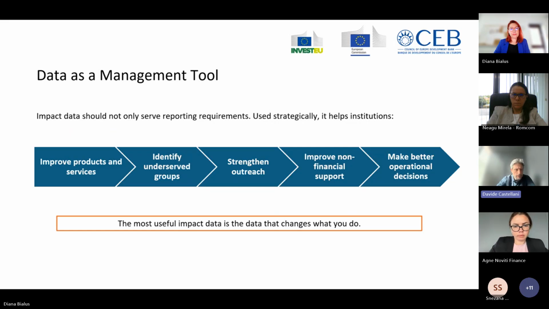Impact data can be used to improve products and services, to design better targeting of clients. So, for example, there are clients that you want to reach, some vulnerable groups, but most of them do not apply, or they are underrepresented in your portfolio.